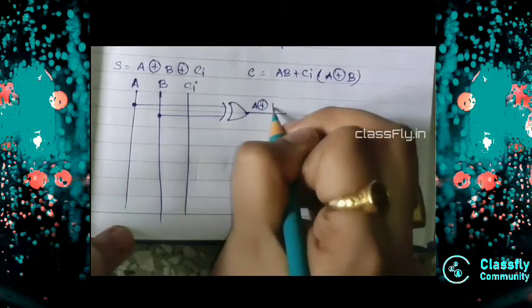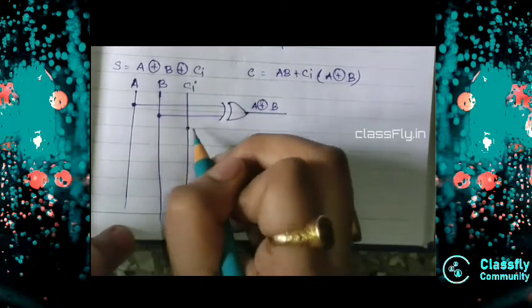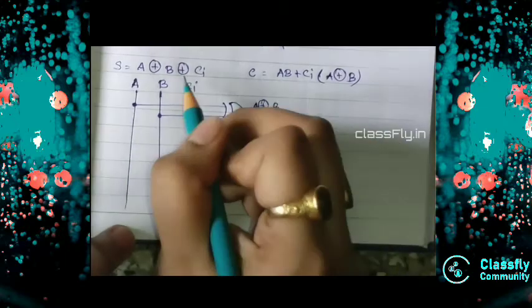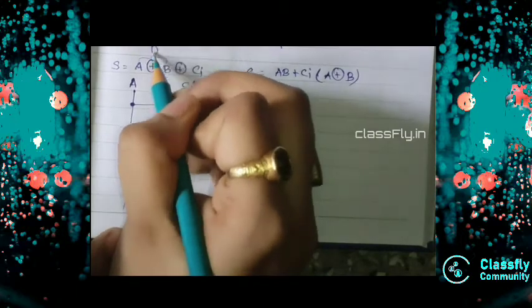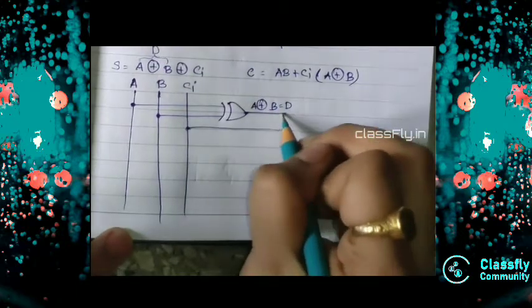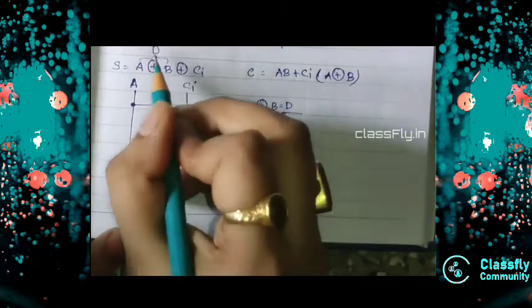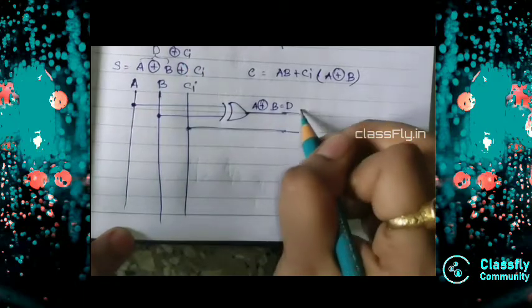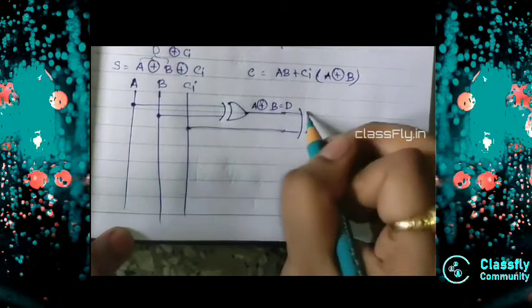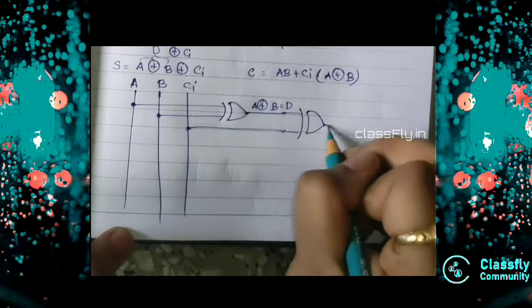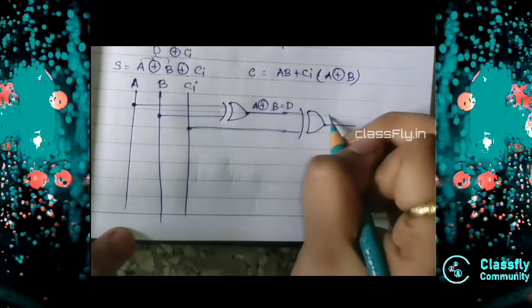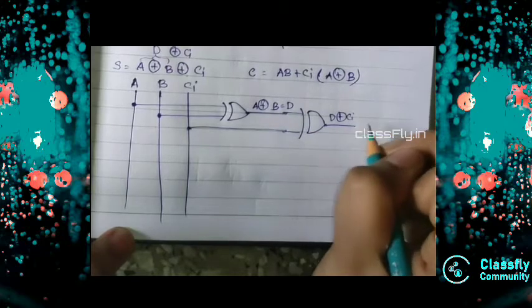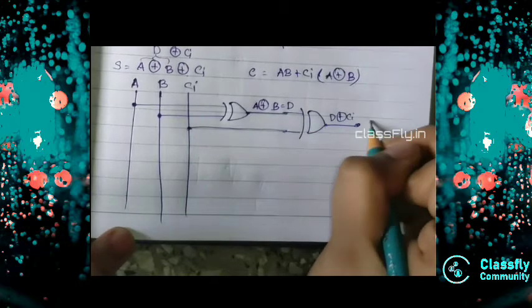So I get A XOR B, right? And now I will do for Ci, and if I denote this as D, then D XOR Ci, which is my sum.